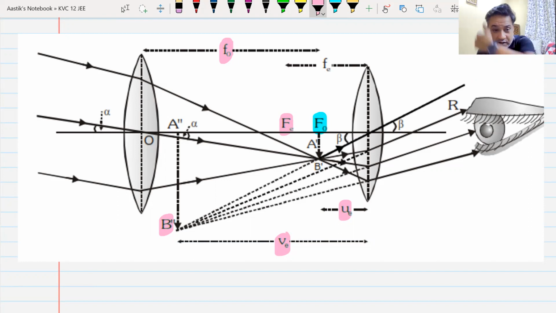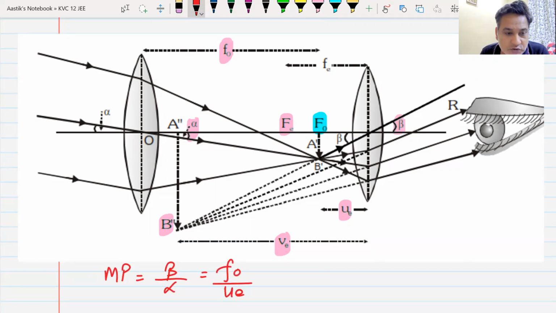This beta by alpha is your magnifying power, which will come as F naught by UE. I forgot the negative sign. Minus F naught by UE. That is the formula you should remember.